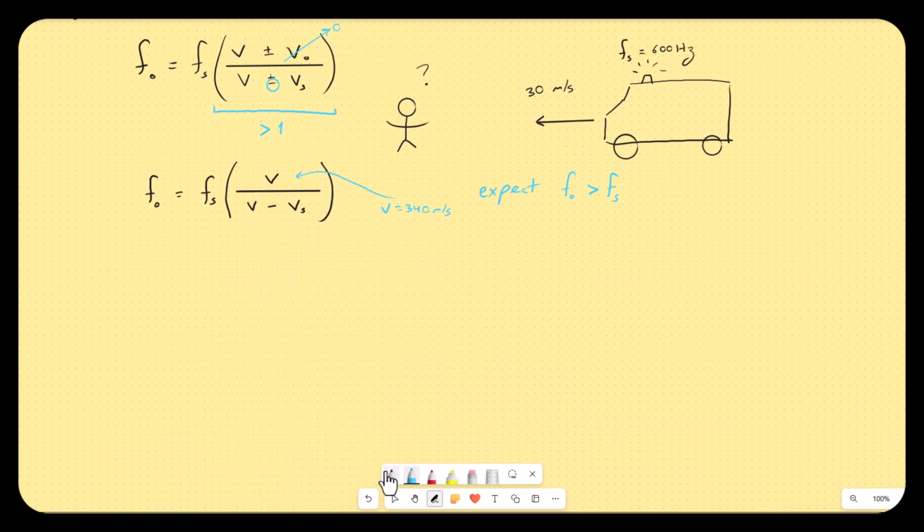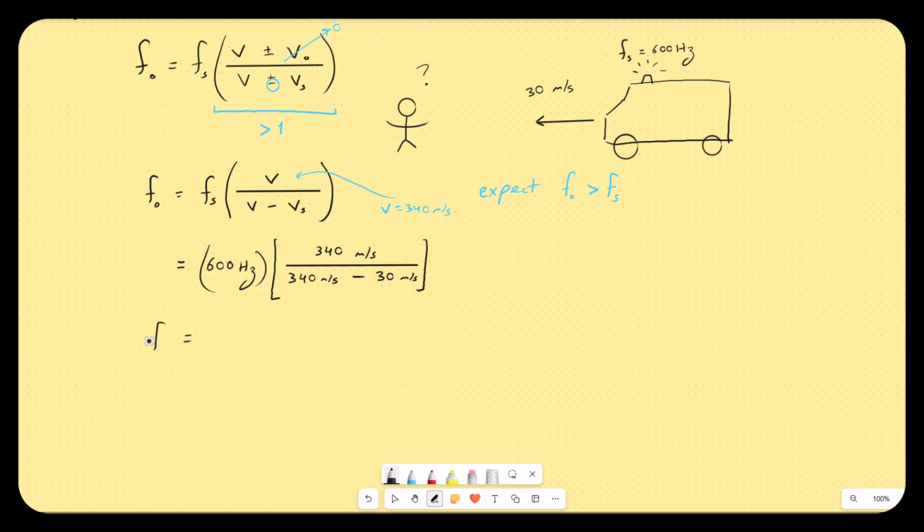Then I can just plug in my values. My frequency of the source, I get 600 hertz. And then I'm going to multiply by, on the bottom, 340 meters per second minus 30 meters per second, and on the top, 340 meters per second.